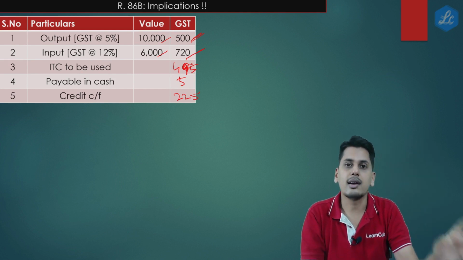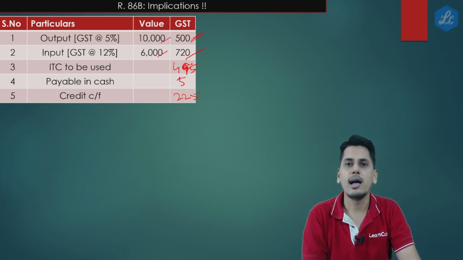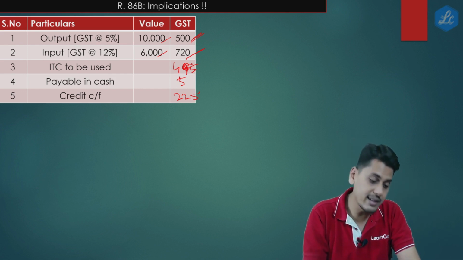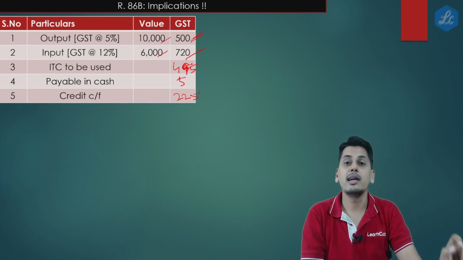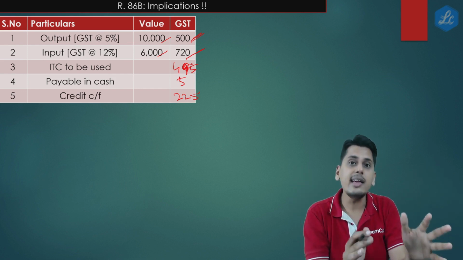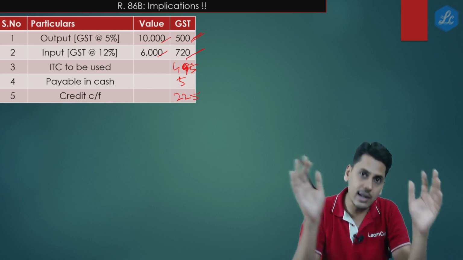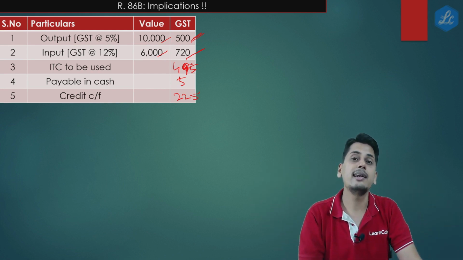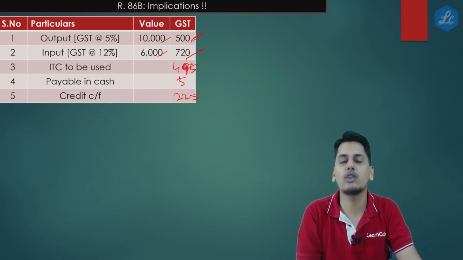So now friends, 86B is adding fuel to the fire. It is adding to the credit which was even otherwise getting accumulated. 86B is increasing that accumulation.